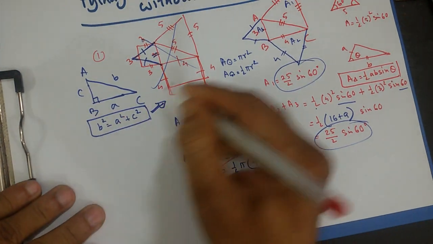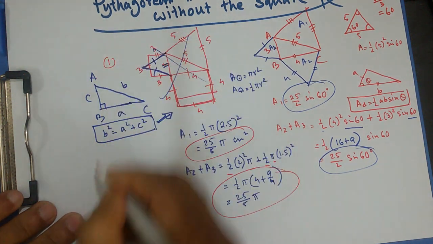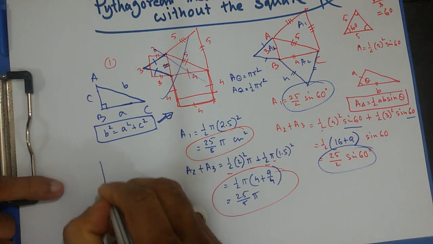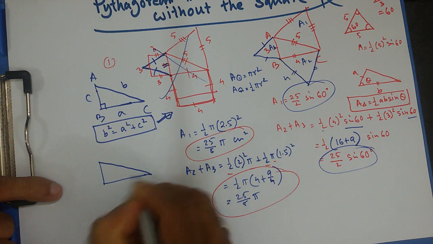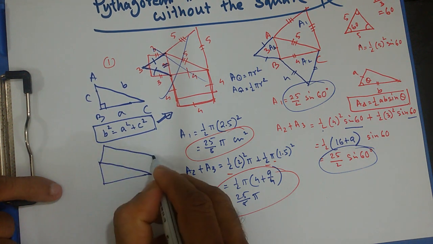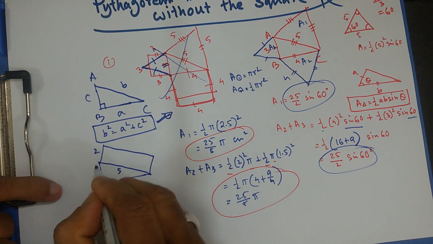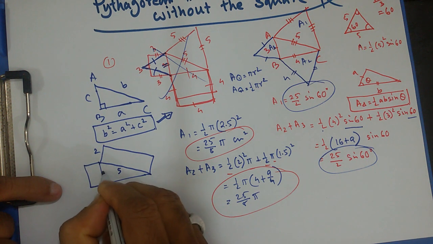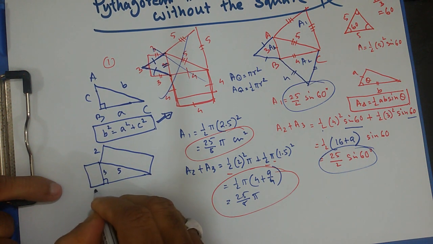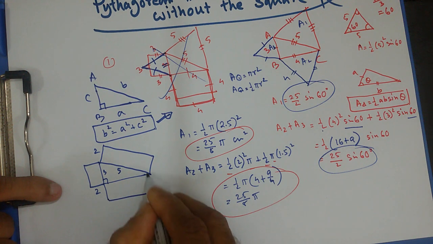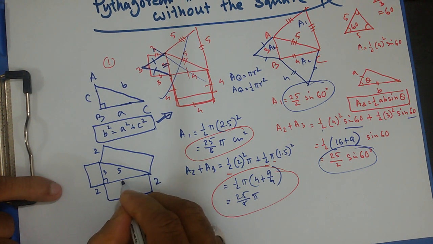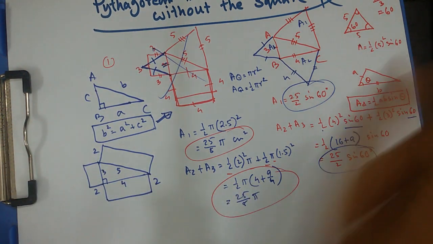Let's say instead of that, I draw a rectangle. Let's say this is the rectangle, it's 5, the rectangle's length is 2, then this is 3, and the rectangle's length is 2, all of them I'm taking length 2, and this was 4. Will it work?